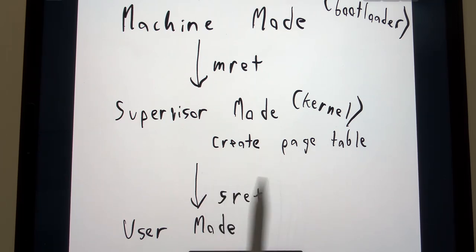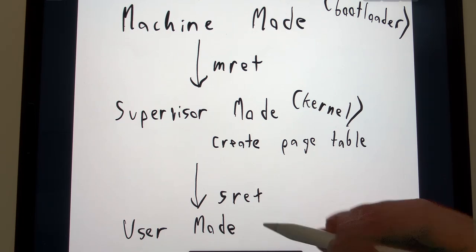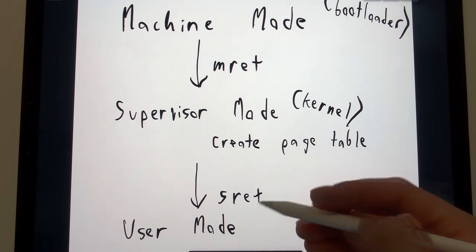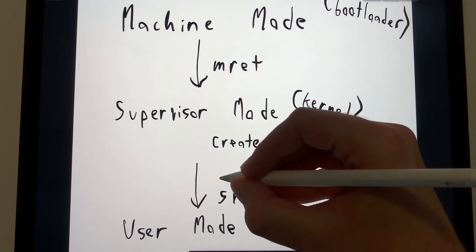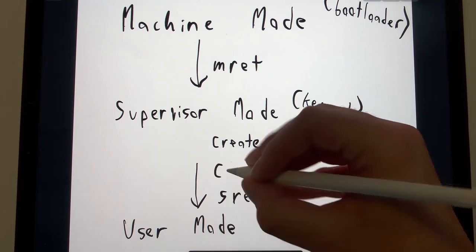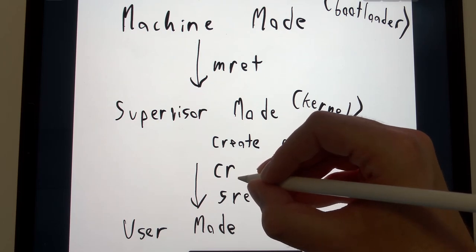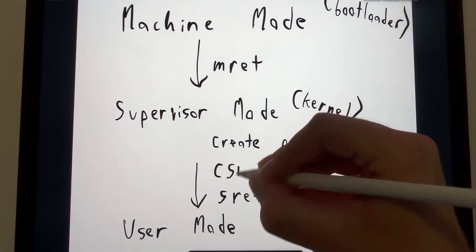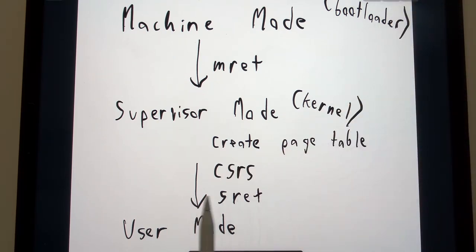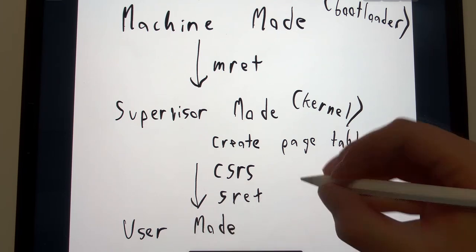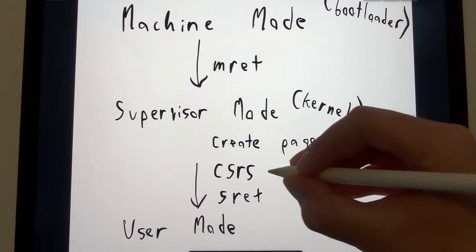But the most important thing here is now we say, all right, the next time that we run sReturn, we would put this in a control status register. So this would be control status registers. Yeah, so you'd run this command, and then you would put in now the address.